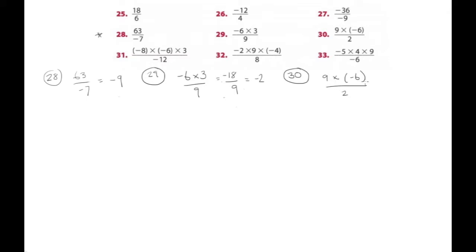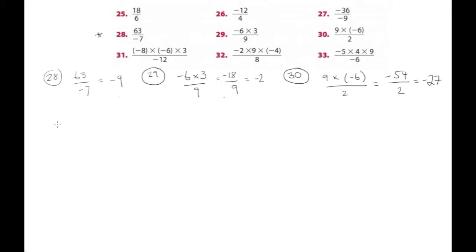So 9 multiplied by 6, 9 sixes are 54, and that's a minus number. And then that's divided by 2. You're dividing a negative number by a positive number, so that is minus 27.